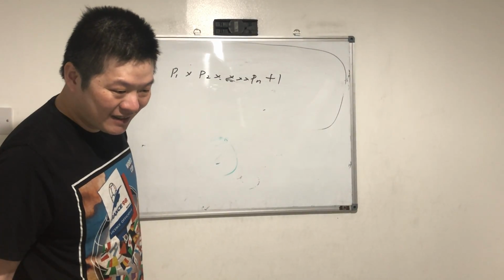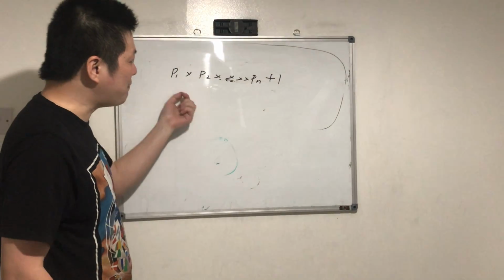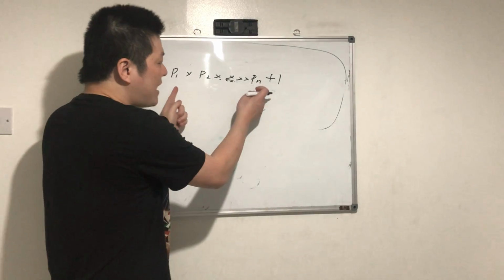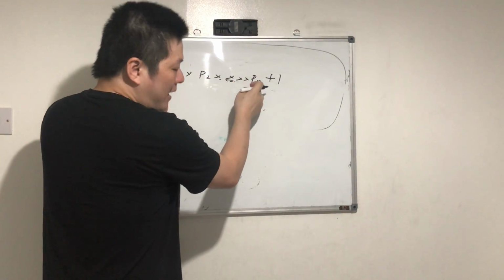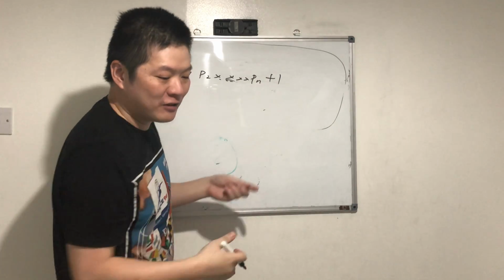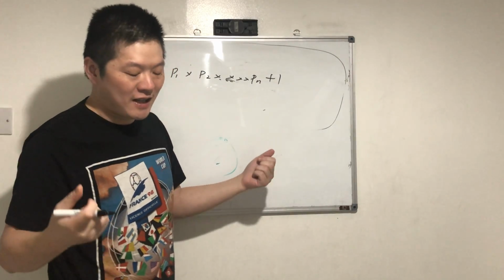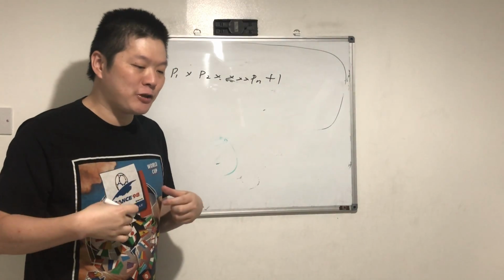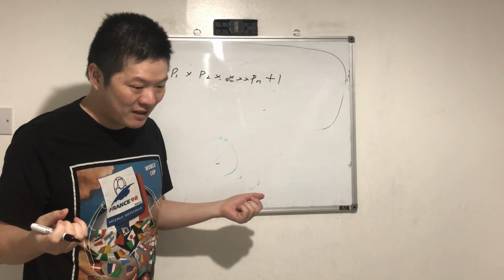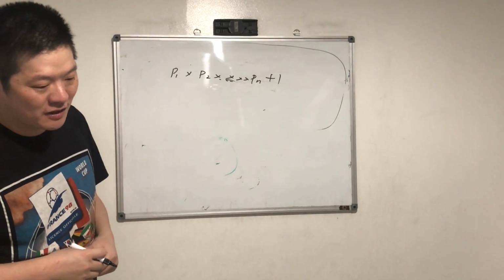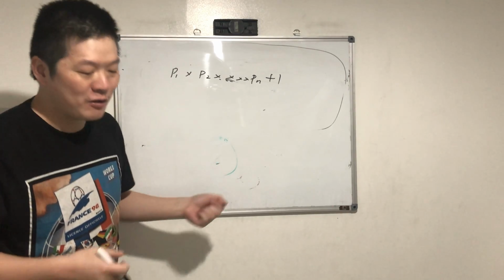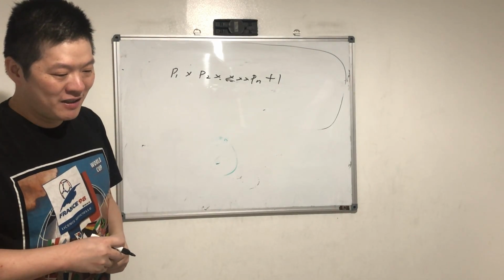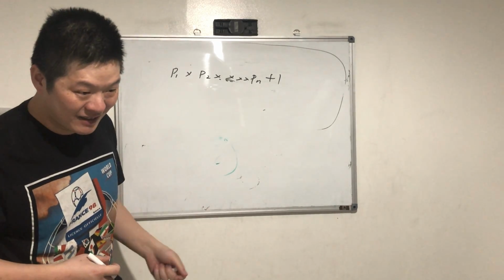Our assumption is that there are only n prime numbers, but if I multiply them together and plus 1, I found a new prime number. So our assumption is wrong. The prime numbers are countless.